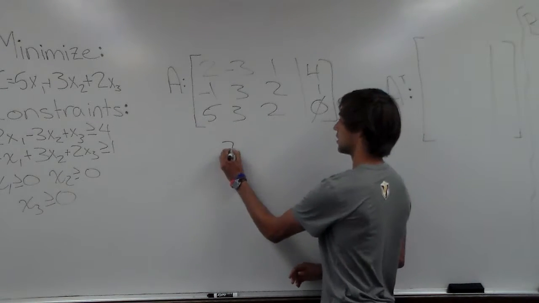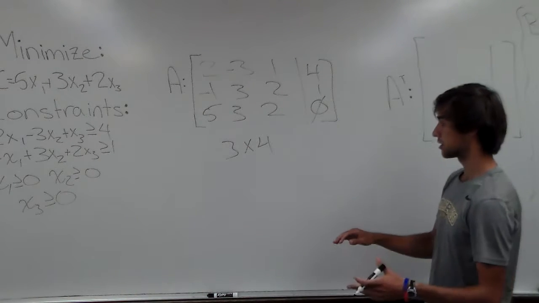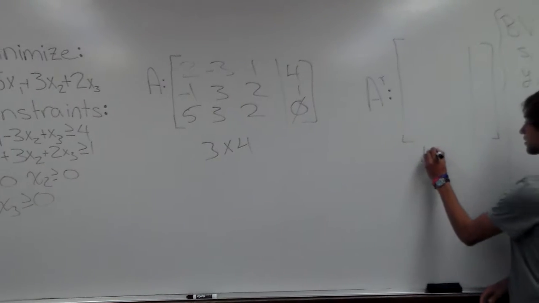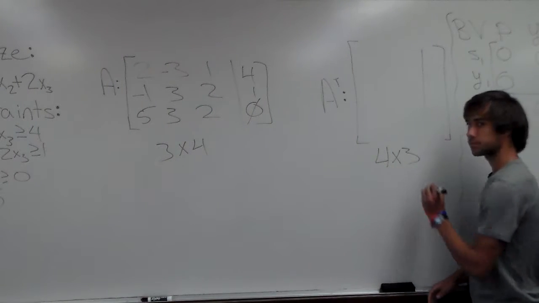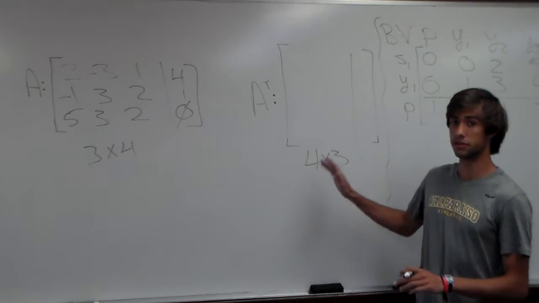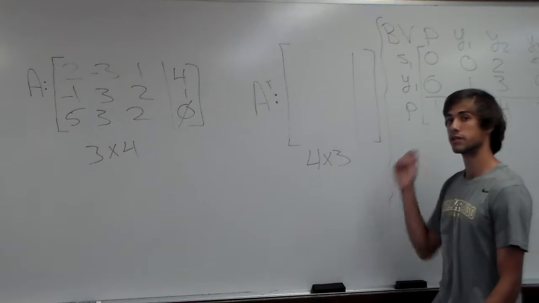And so we see that this is a 3 by 4 matrix. And when we're finding a transpose of our matrix, it's going to end up being a 4 by 3 matrix over here. And all we're going to do is take the rows of this matrix and write them as the columns of this matrix.